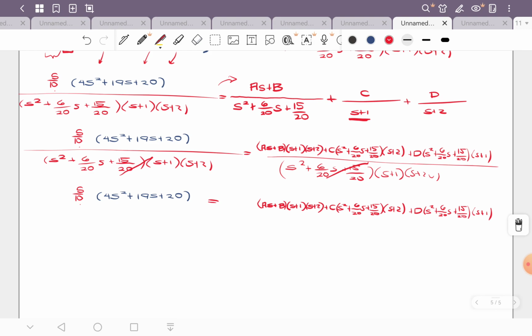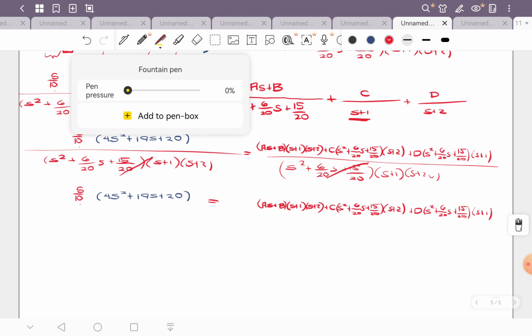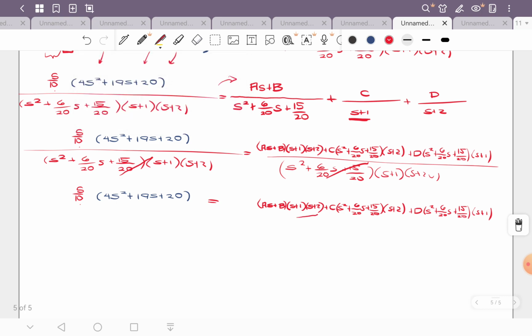So let us solve the unknowns a, b, c, and d. Note that a, b, c, d are all constants. Also note that this one has s plus 2.